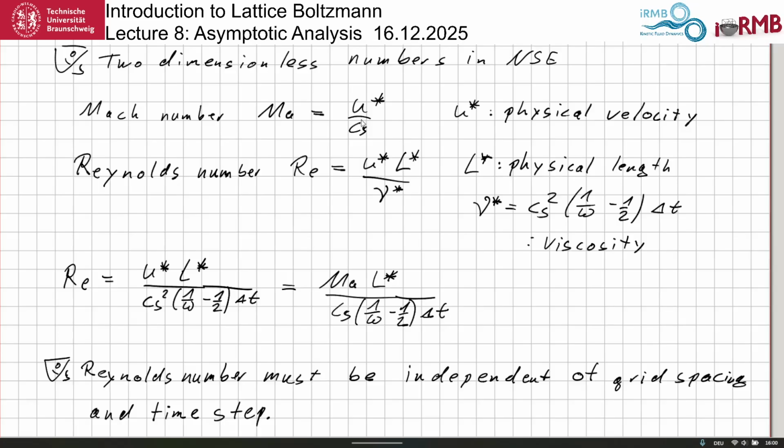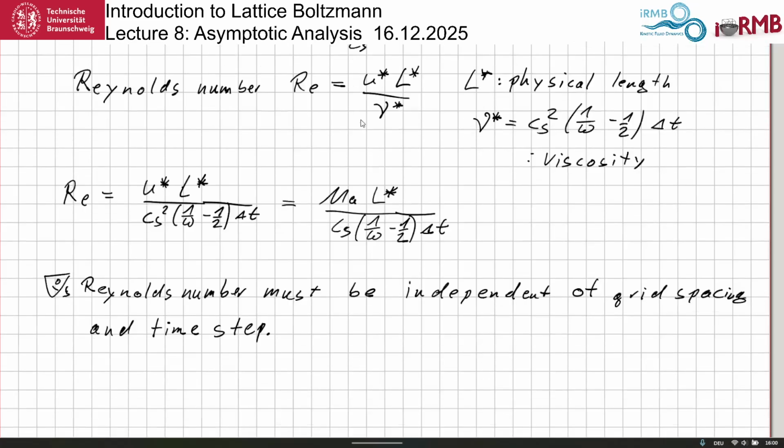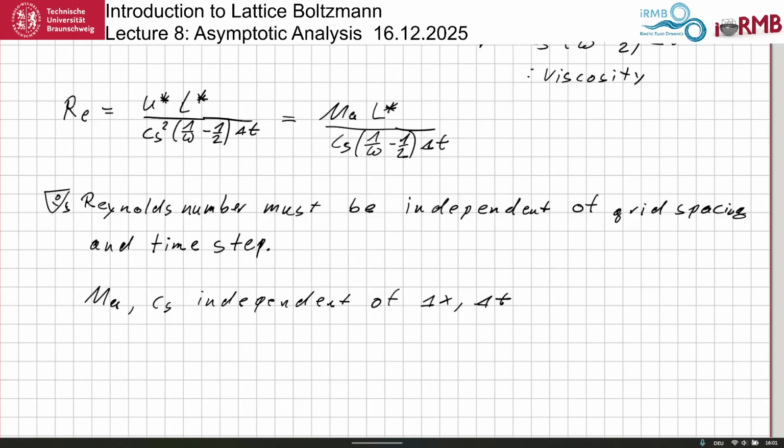So in the decision that we made, we have the Mach number, and CS would be independent of delta X and delta T. So that would mean, if we take the stuff that is independent, the Reynolds number should be constant, yeah?